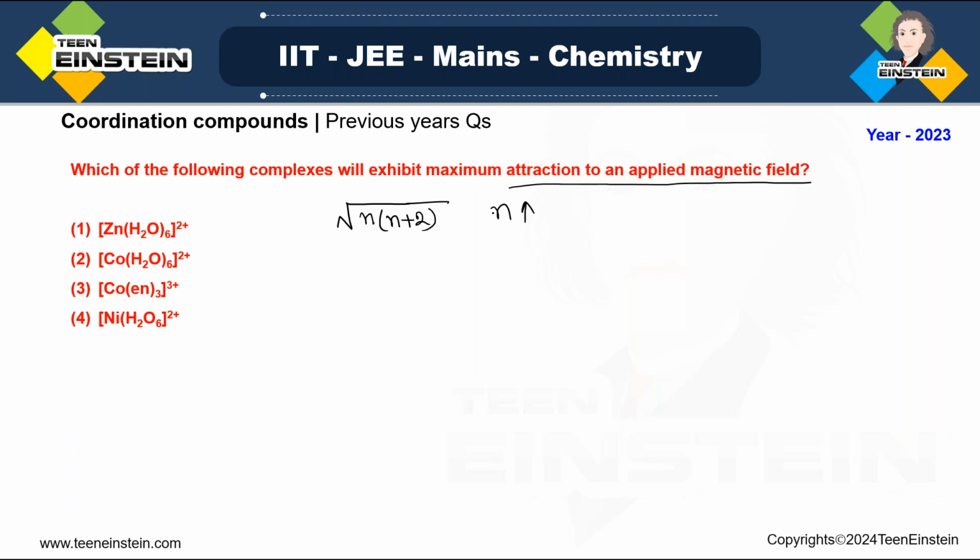So the question is basically asking in which case there is the maximum number of unpaired electrons. If it asked that directly, that would be a very flat, simple question. But it is asking in a twisted way, so first you have to understand the meaning of this question, then actually you have to solve it.